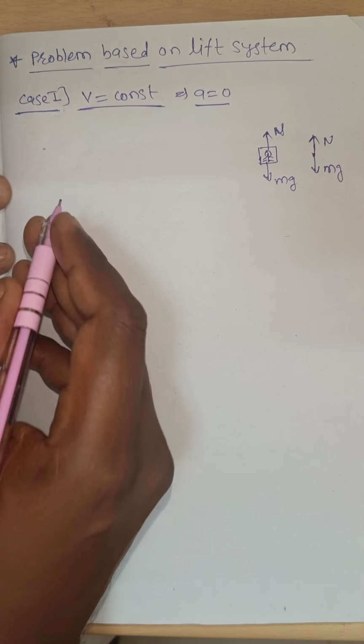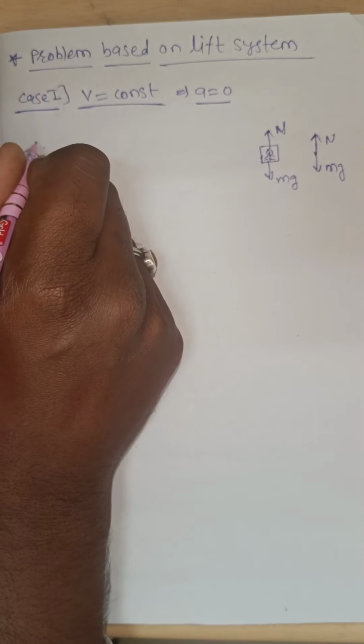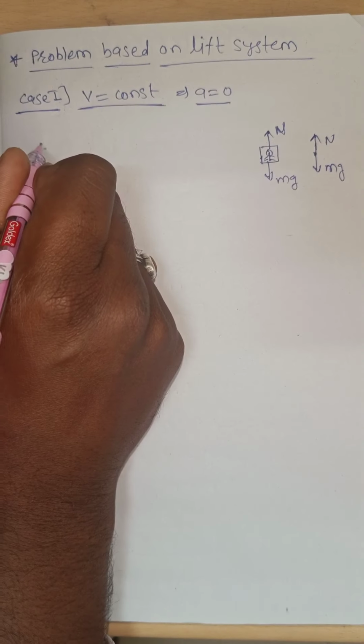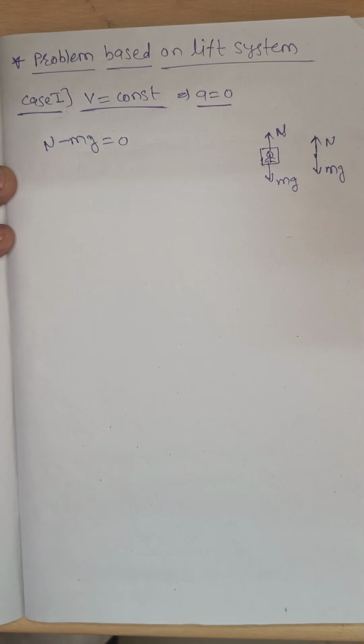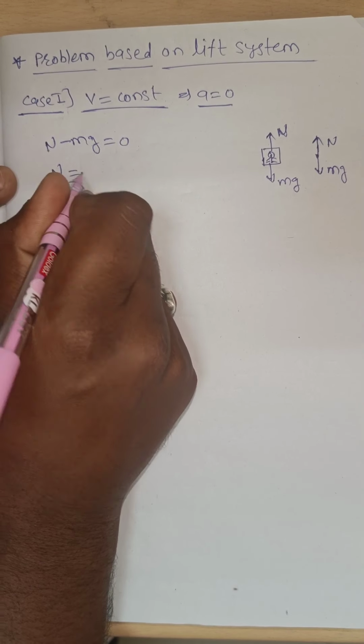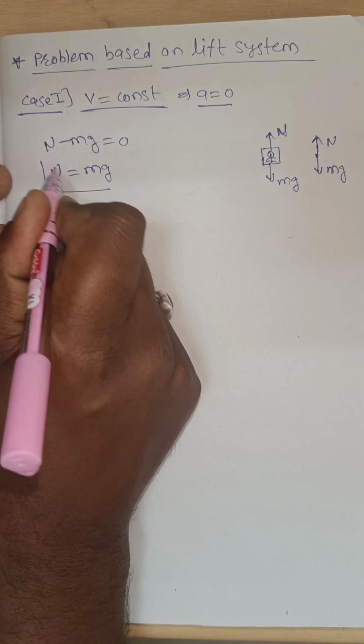In that case, the equilibrium of forces along the vertical direction is N minus mg equals 0. From that, N is equal to mg.